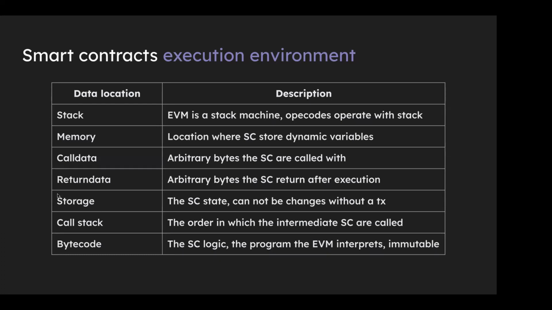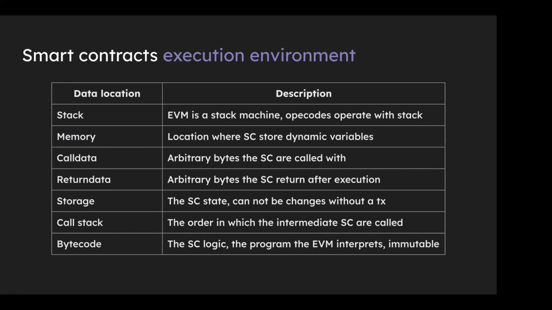Then there is a very important data location called storage. Storage is the smart contract state that cannot be changed without a transaction. So storage is where the variables are stored between the transactions.